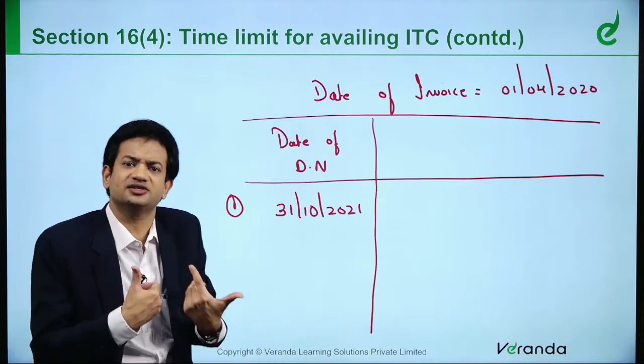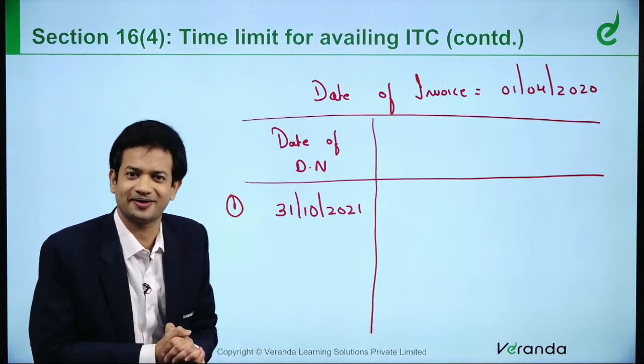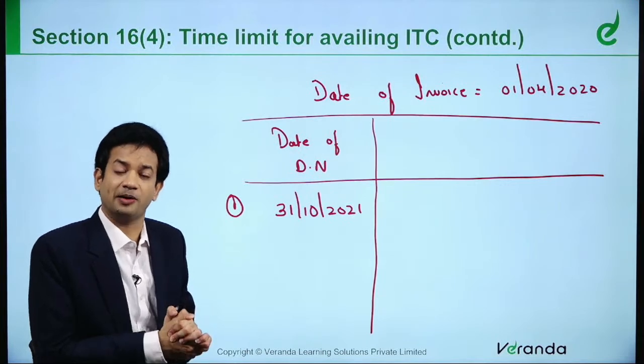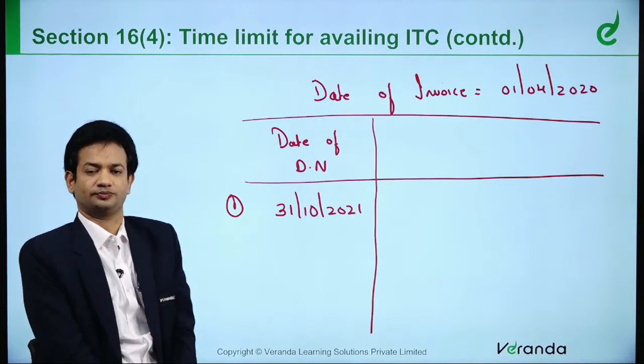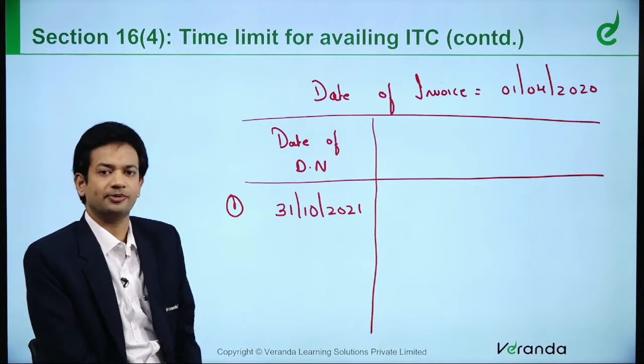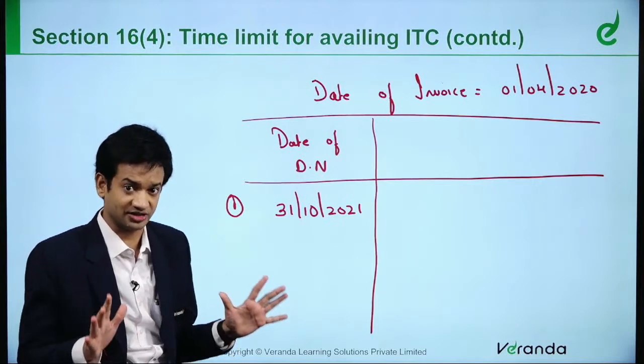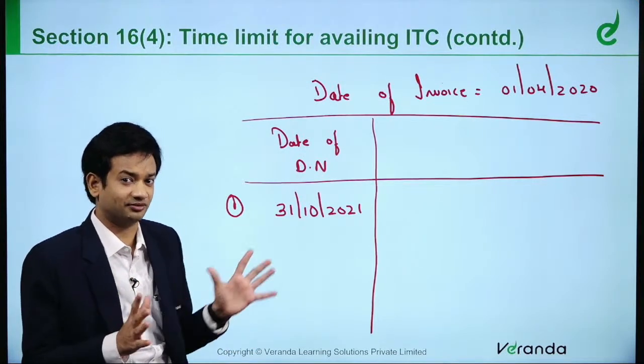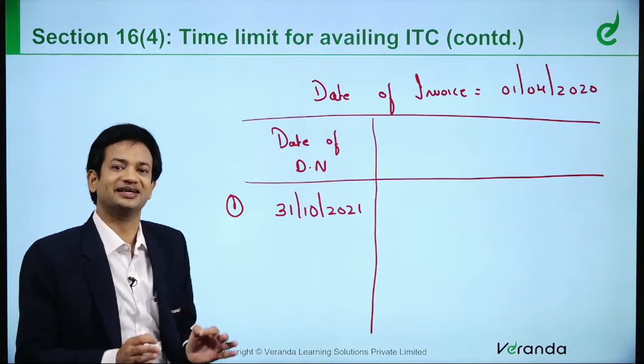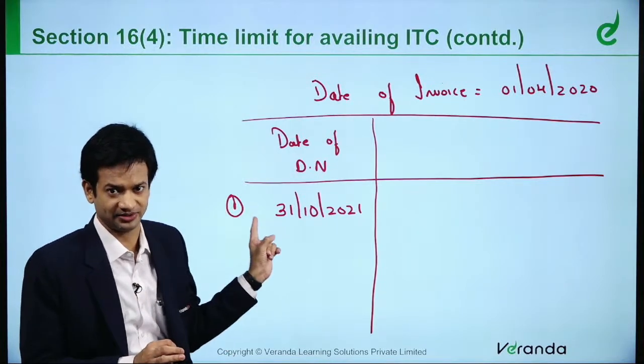There could be many business and practical reasons because of which the price increase might be approved at a later date. Now, if I raise a debit note now, very many practical situations happen like this. So you might think who will raise a debit note, but practically in many cases it happens like this.